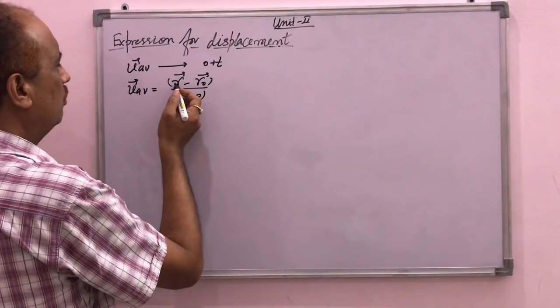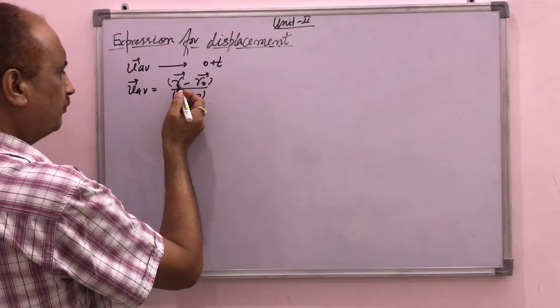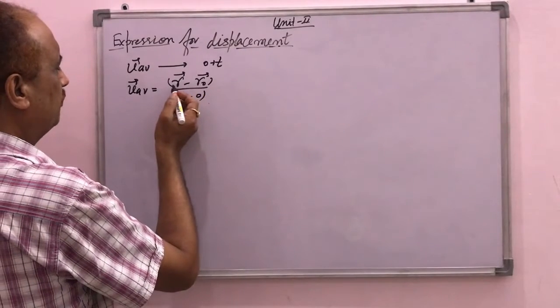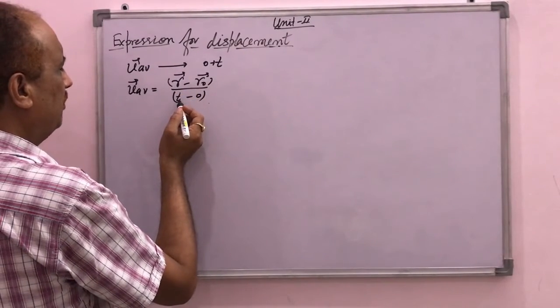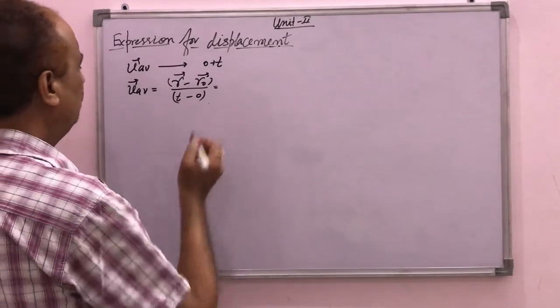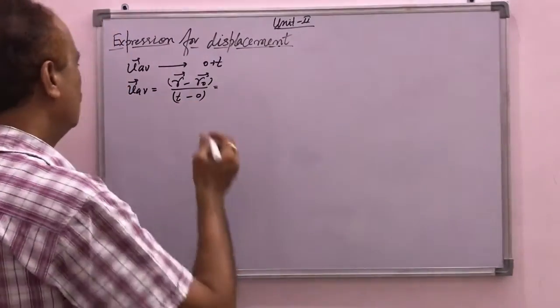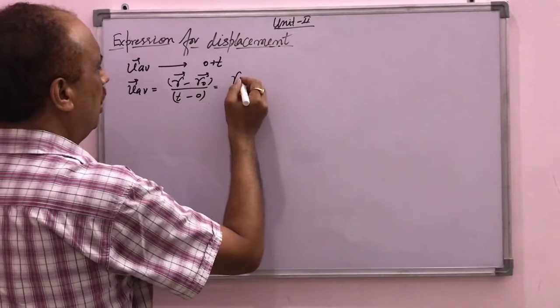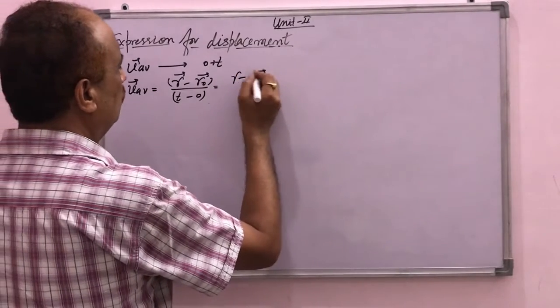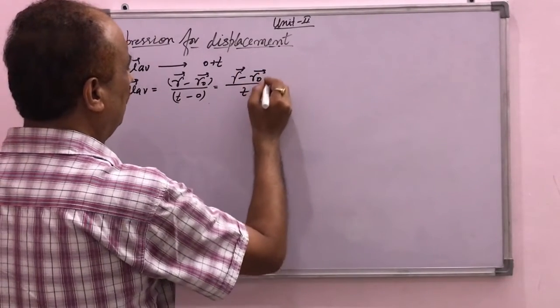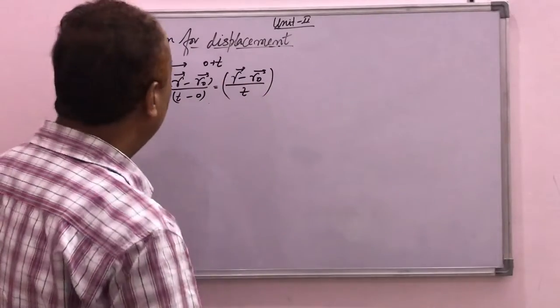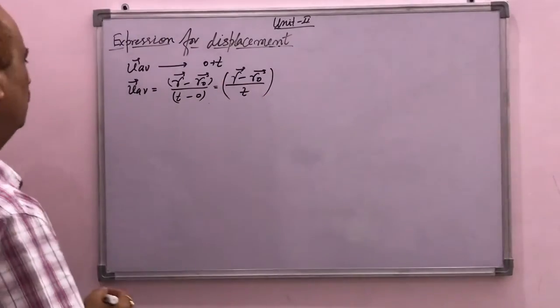So R naught vector is subtracted from the R vector, and if divided by the total time taken, we can find the average velocity. So average velocity will be equal to R vector minus R naught vector divided by time. This is the expression for the average velocity.